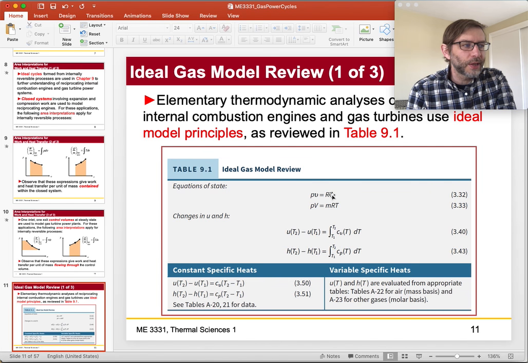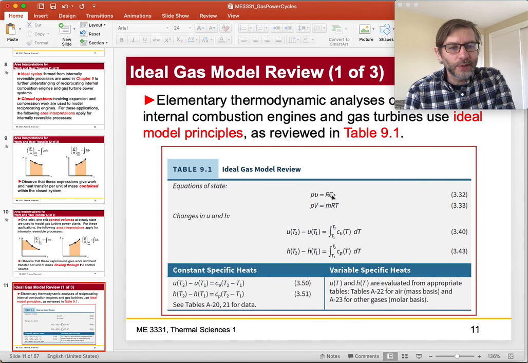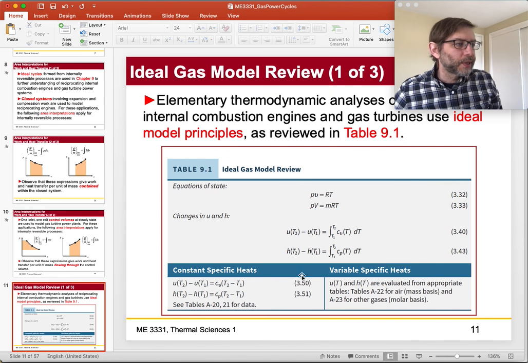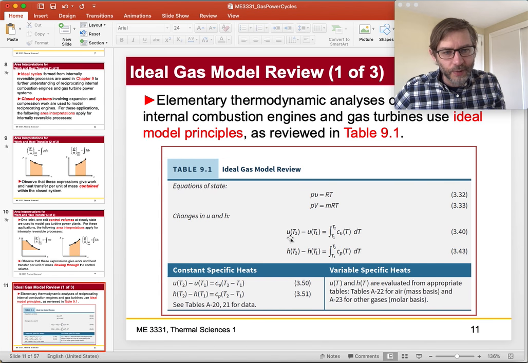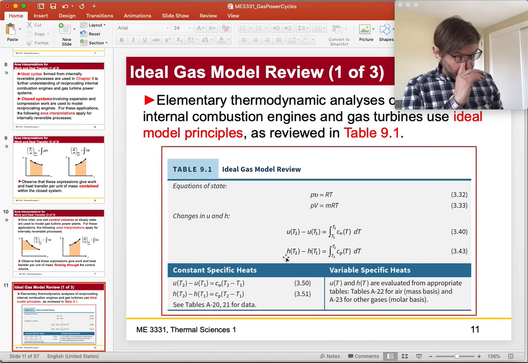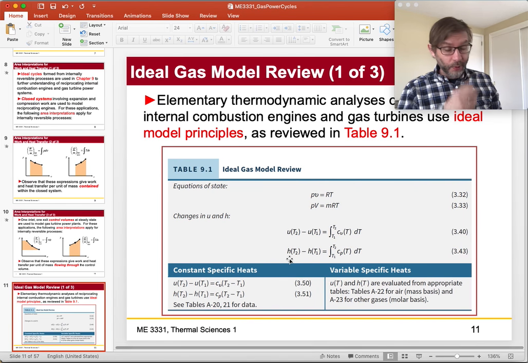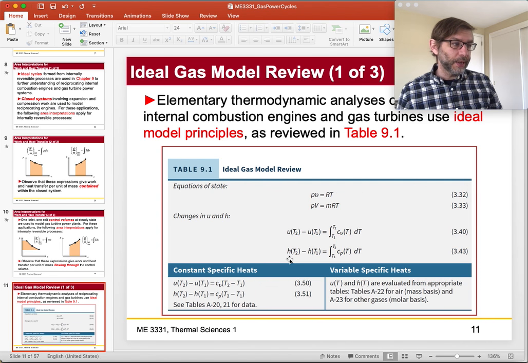This is the changes in delta U and delta H. Now, the definition is U2 minus U1 equals the integral of Cv dT. And remember, when they put T here, it's not U times T, it's U of T. I don't usually write it that way because I think it's confusing, but you get the idea. Likewise, H2 minus H1 equals the integral of Cp dT.